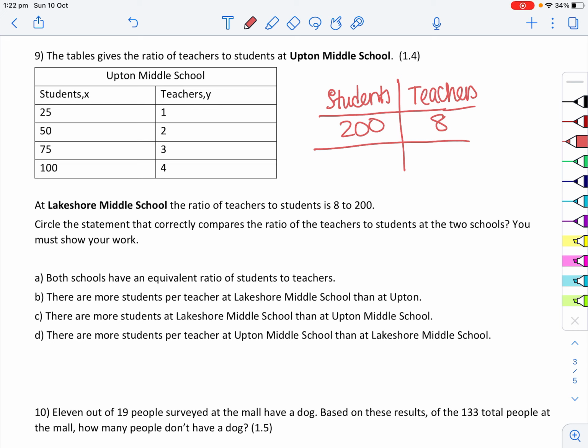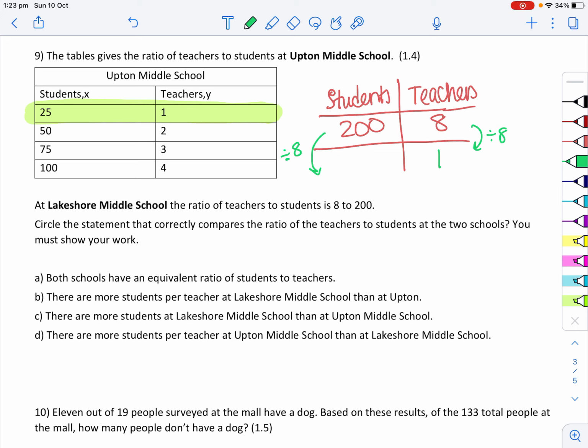So the first thing I'm going to notice is that I have a comparison of Upton students to teachers as 25 to 1. And there is a way to get my teachers to be a 1. And I'm going to divide by 8. 8 does go into 200.